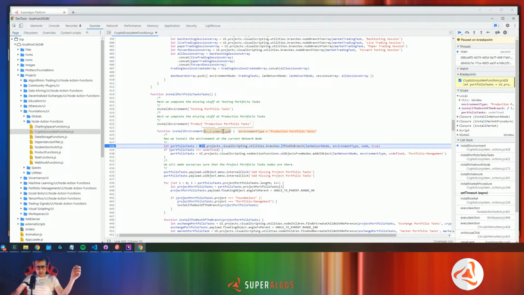And now we have production. So LAN network node, what do you have here?